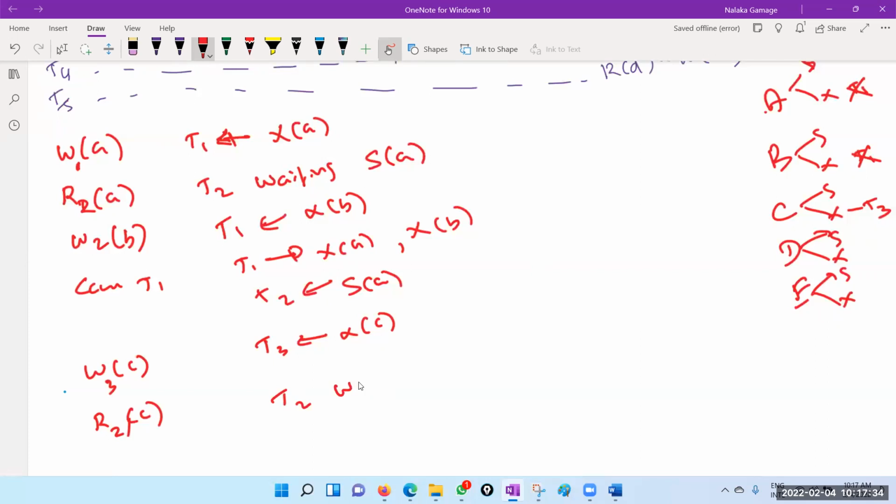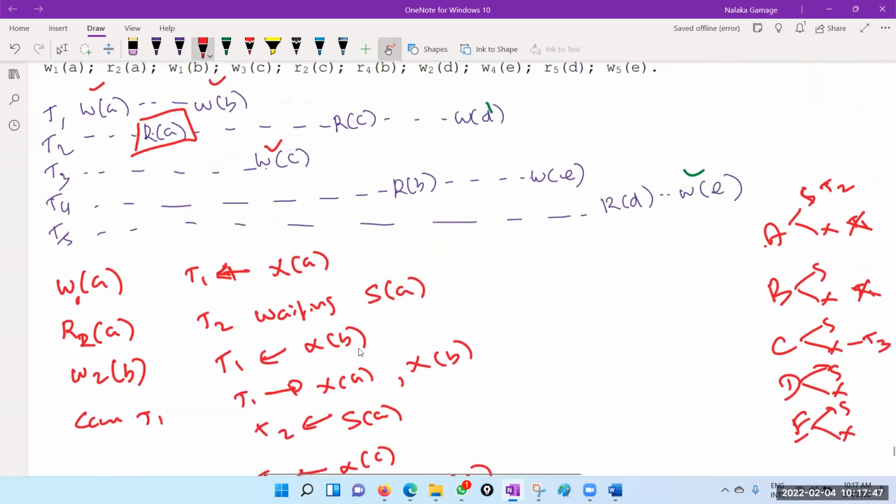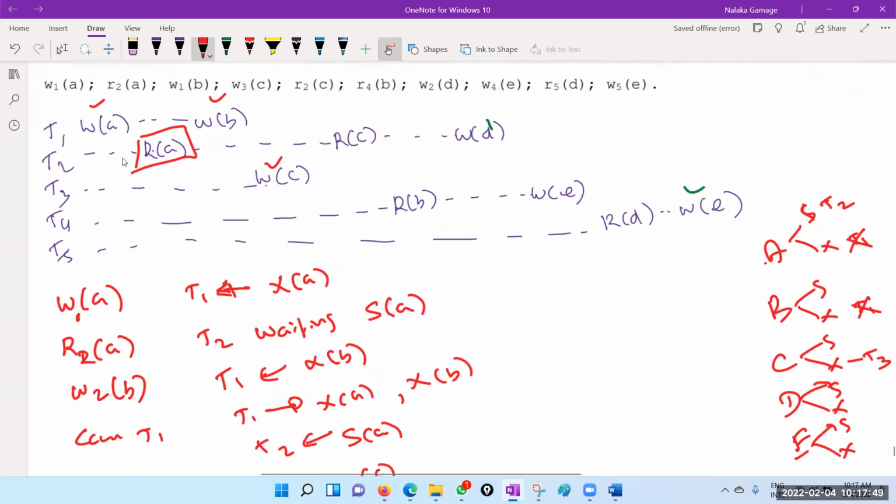Transaction 2 waits for shared C, because exclusive C is taken by transaction 3. So the earlier wait is no longer there, but now this guy is waiting here. Transaction 2 is the unlucky transaction. It's always waiting for others.